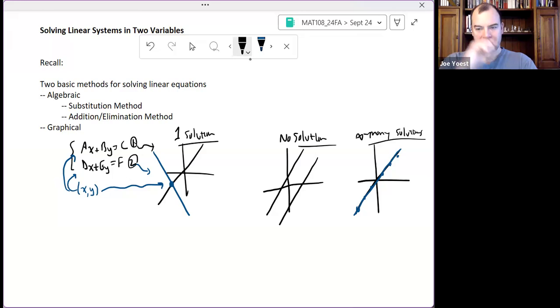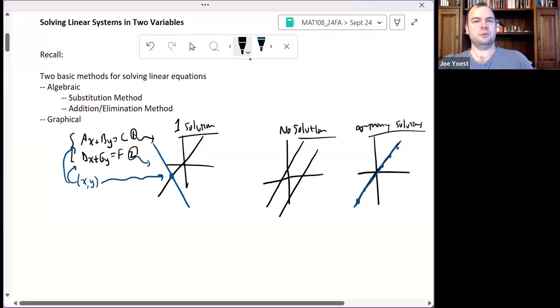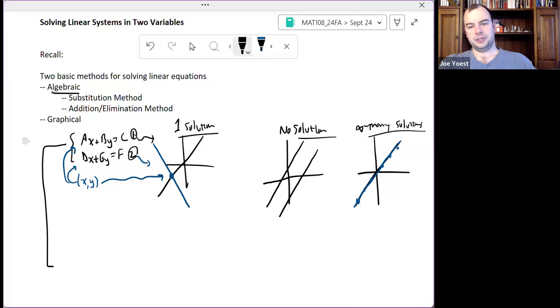So we're looking for intersections between lines when we're speaking graphically, or when we're speaking algebraically, what we're usually trying to do is to take two equations and two unknowns and get it down to one equation and one unknown. Ax plus b equals c, something like that.